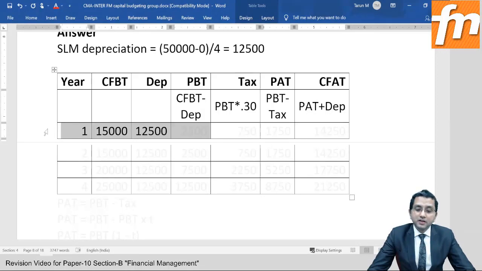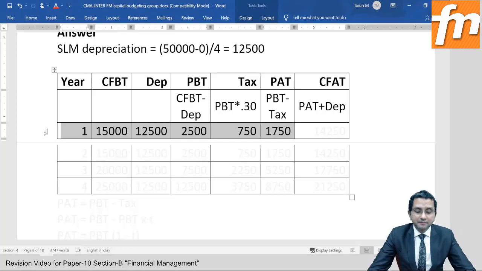I deduct depreciation to arrive at profit before tax, which is 2,500. Then 30% is the income tax, which is 750 rupees. Then I deduct 750 from 2,500 to arrive at profit after tax of 1,750. And then I add back depreciation.